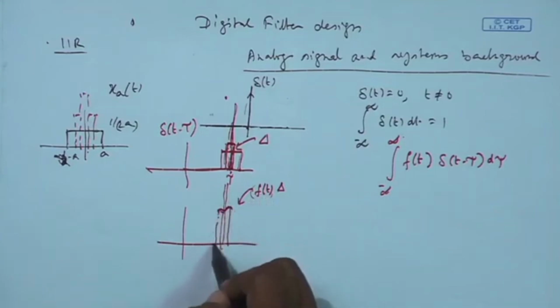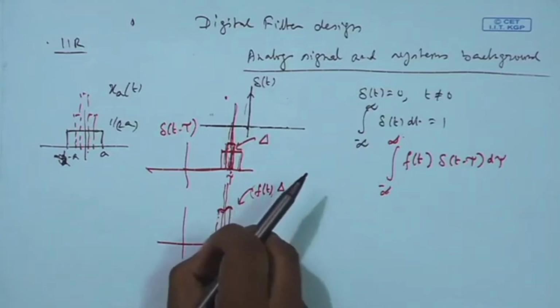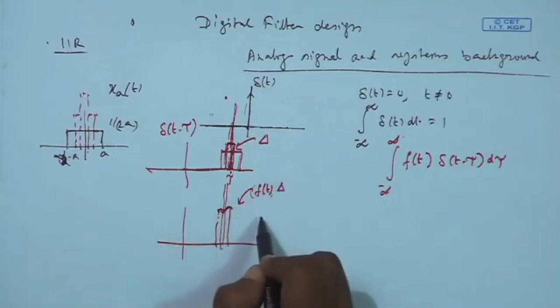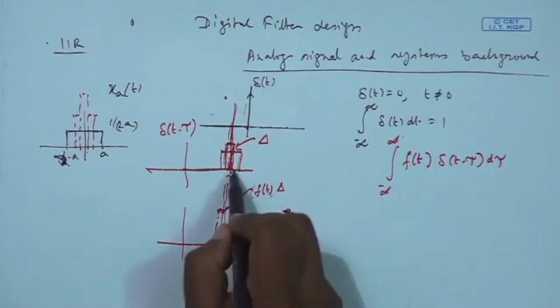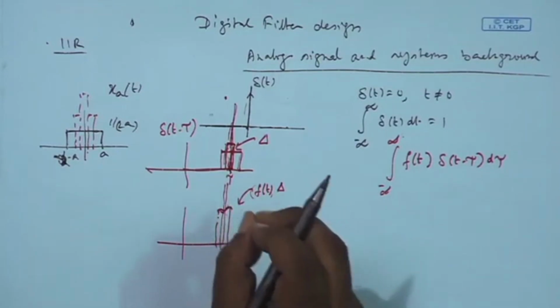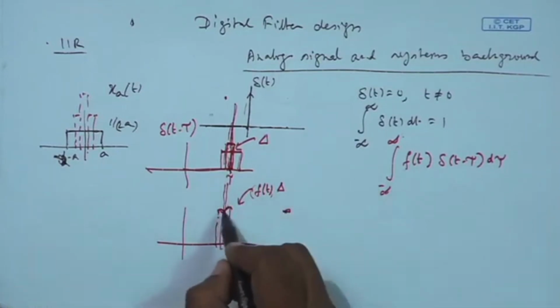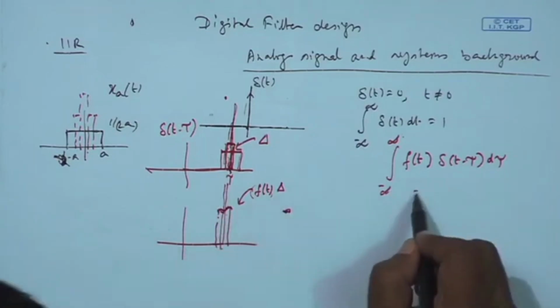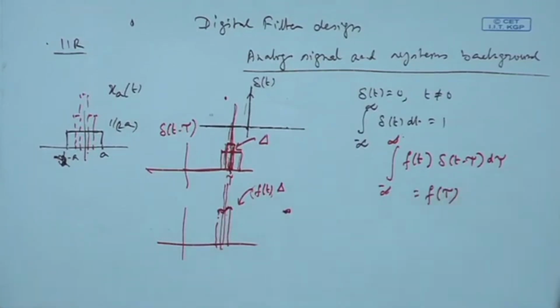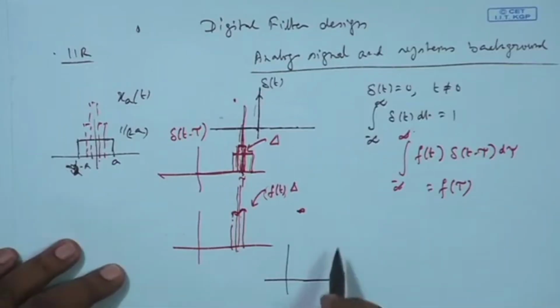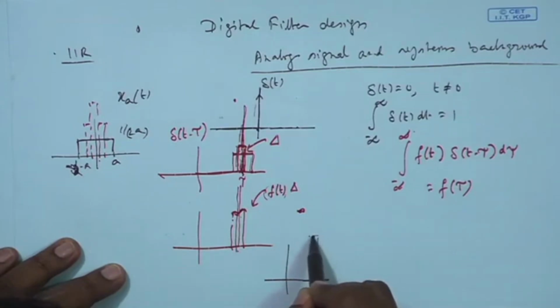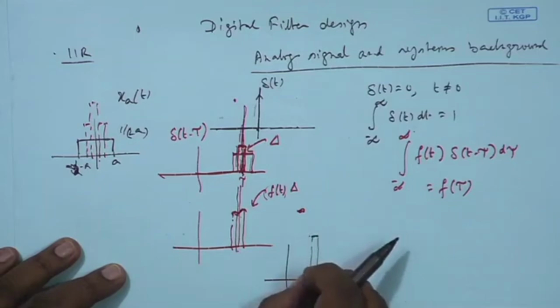You would have to carry out the integration, but if it becomes thin enough, then integration is not required, and the value will be roughly f tau, the value at the center point tau. So f tau into the area 1 gives f tau. Even if it has not gone fully up to infinity, the height is no longer modulated, it is almost constant, because this is so narrow.